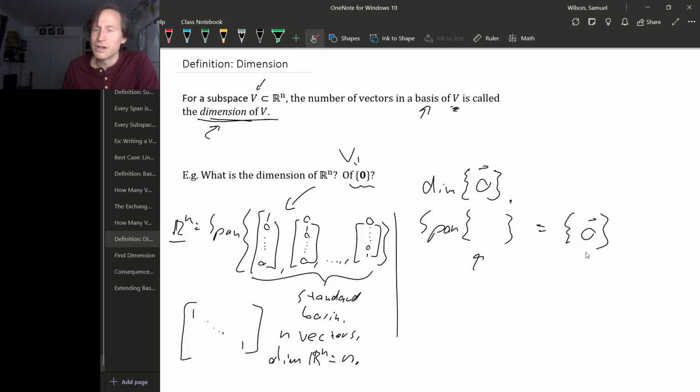How many vectors do we have to put in here for this span to be just the 0 vector? Well, whatever list of vectors we put here has to be linearly independent. If we put a non-zero vector in here, the span isn't going to be just the 0 vector. So really, the only vector we could possibly put in here is the 0 vector. But the 0 vector isn't linearly independent, right?